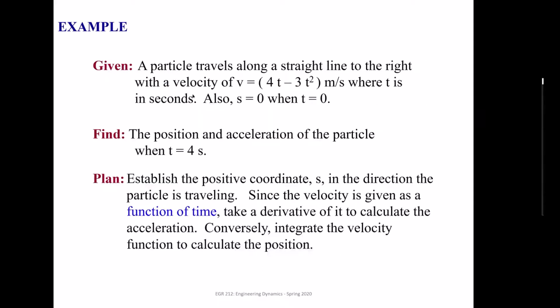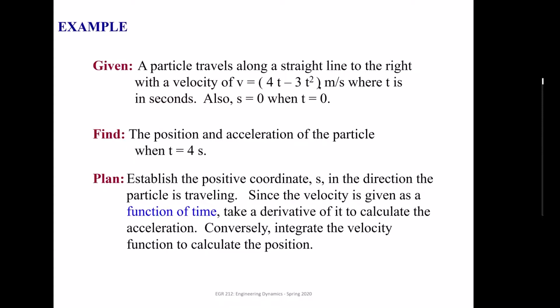Okay, so here's an example. In this case, a particle travels along a straight line, and so we don't have to worry about it as a vector. We can just use the scalar forms for position, velocity, and acceleration.